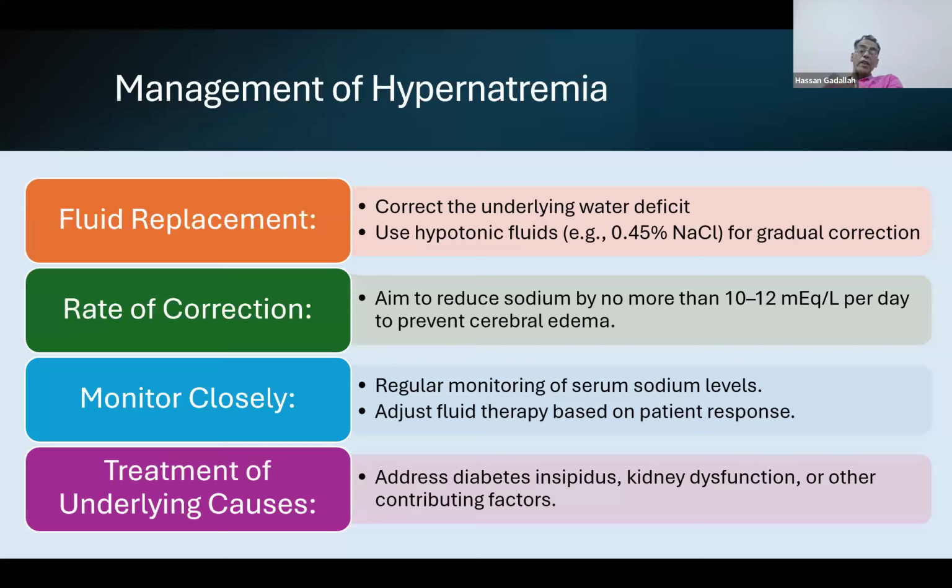About the rate of correction, it's an extrapolation from the guidelines of hyponatremia. As mentioned before, if we are correcting hyponatremia, we have to stick to the range of 8 to 12 milliequivalents per day and about 0.5 milliequivalent per hour.